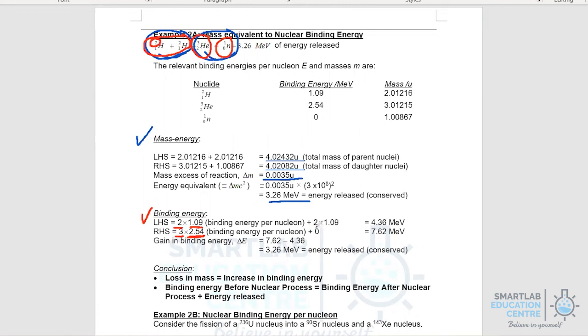And since there are 2 hydrogen nuclei, we have to add another 1. Finally, the difference between the nuclear binding energies is the energy that's released. You can see that in both methods we end up with the same answer, which is 3.26 MeV, the amount of energy that's released as a result of the nuclear fusion.